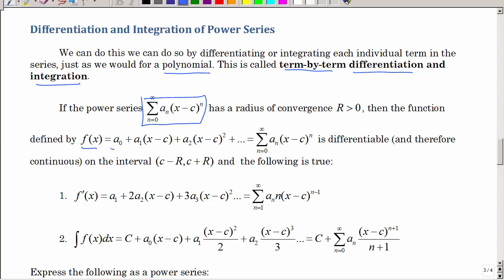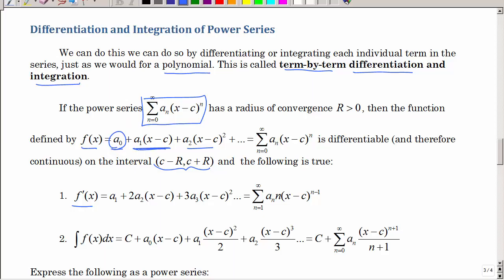We have a function, term by term, it's really a polynomial, and therefore it's differentiable and continuous on our radius of convergence. That function, since it is differentiable and continuous, then our derivative would just be using the power rule. So if you took the derivative of the constant, it would be 0.